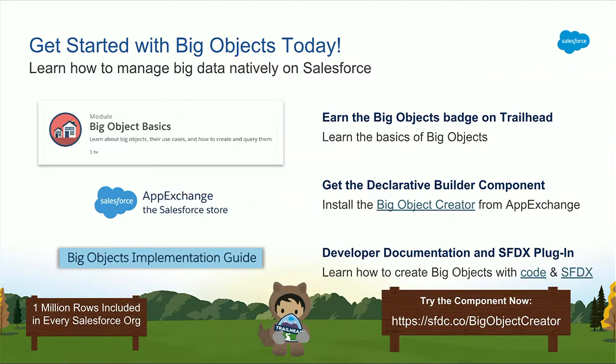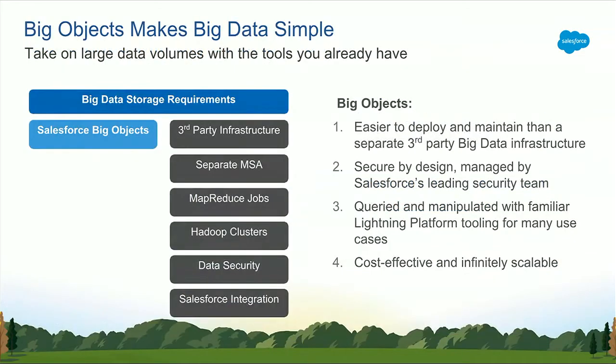sfdc.co/bigobjectcreator. You can download this into your org and try out big objects, as every org is equipped with big objects up to 1 million rows in every Salesforce instance. So big objects really takes on big data in a very simple way.